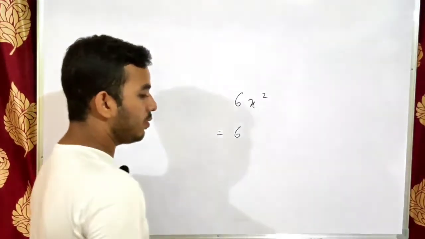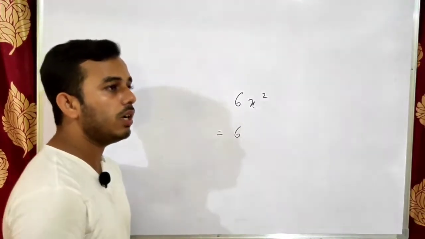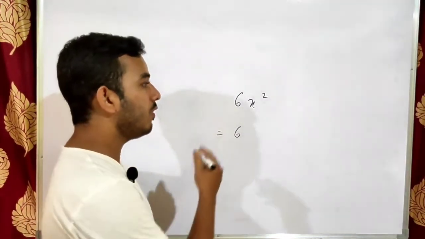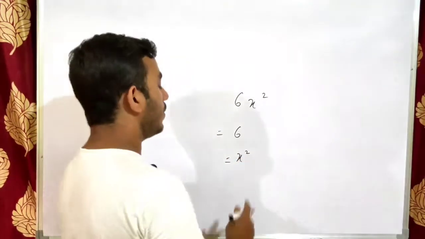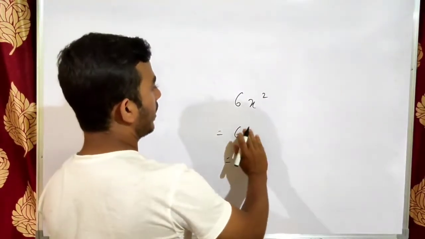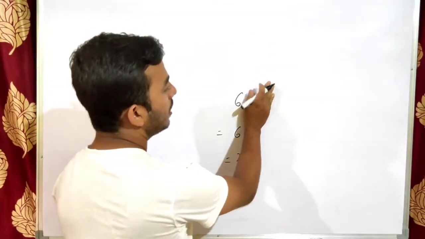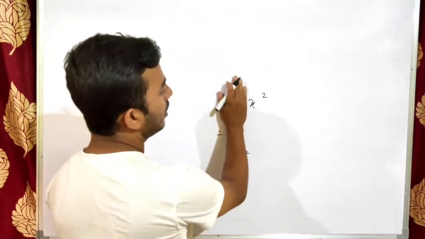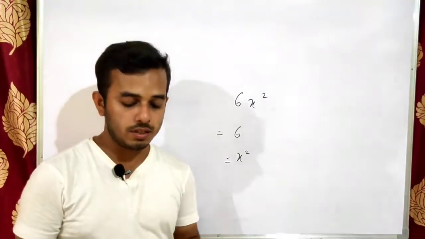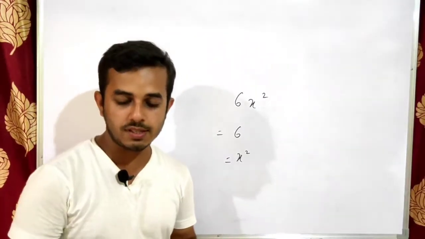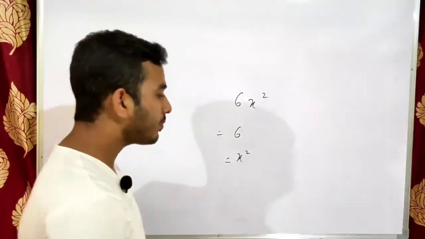And if I ask what will be the variable coefficient of 6, it will be x square. So if I ask the coefficient of x square, the answer will be 6. If I ask the coefficient of 6, it will be x square. We will use these ideas to solve our first exercise, that is 7.1.